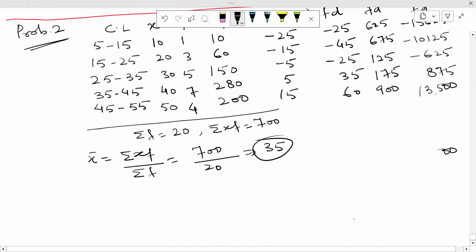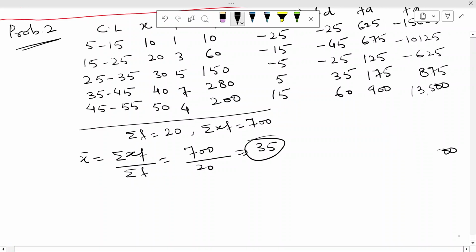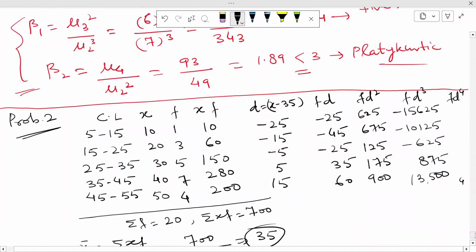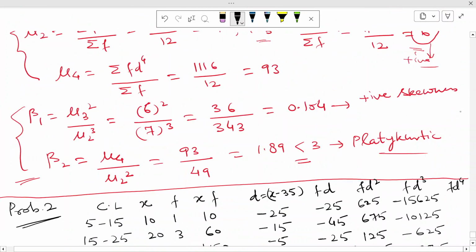Okay, next we will find out our next column, which is fd to the power 4. So we are calculating our fd to the power 4. It will be good if we create a separate column, because that will make things easy to understand.